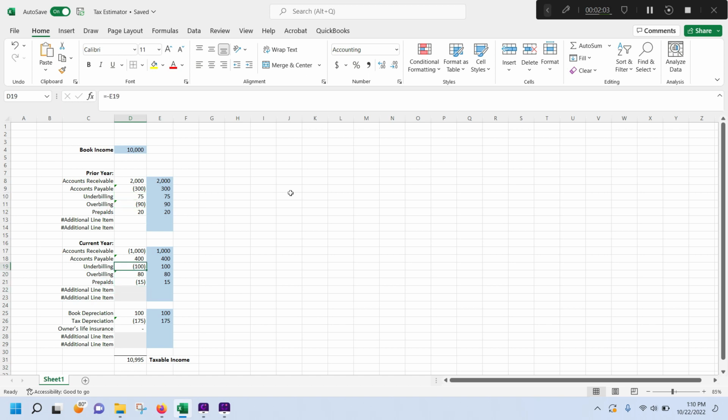Under billings here, we're reducing the book income because we're not allowed to recognize income from under billings. That's not cash basis. So we have to subtract that out because it was increasing our income here. We don't want to take credit for anything for which cash hasn't been transacted. Over billings we're adding here because that means we've billed ahead. It's either living in accounts receivable or we've received the cash. That over billing is reducing this book income, so we have to add it back.